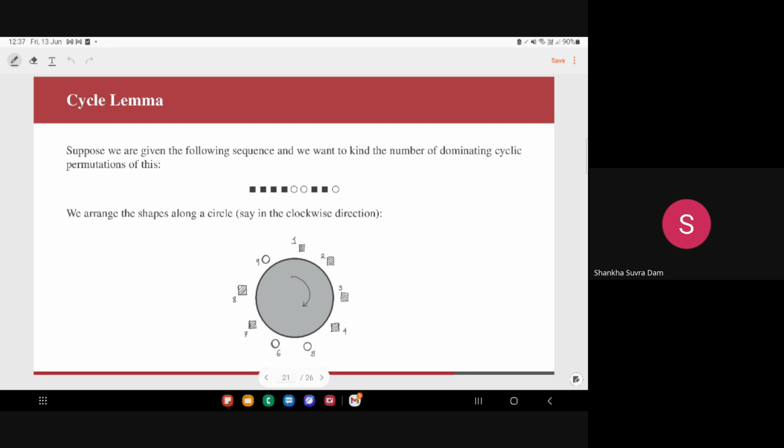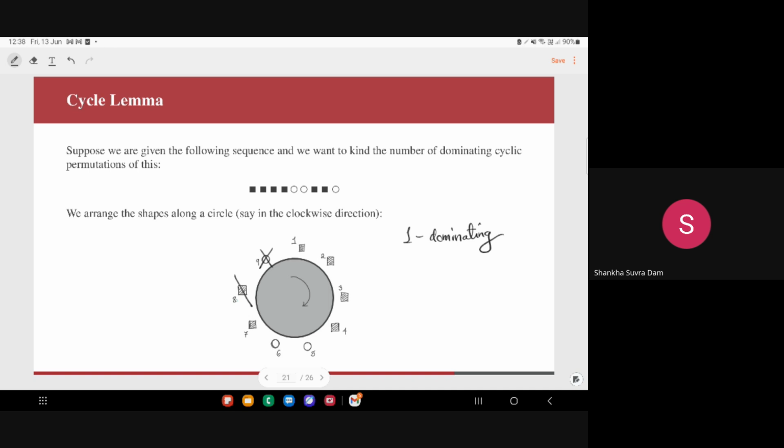Now, if we want to compute the number of one dominating sequences in this particular order, then notice that for every circle, there has to be at least one square before it, right?